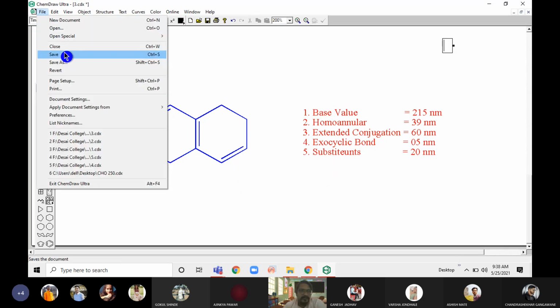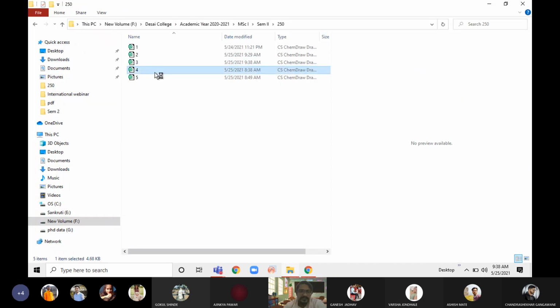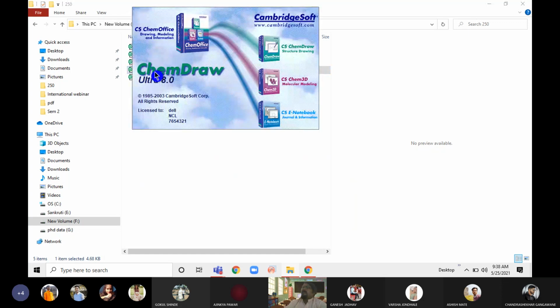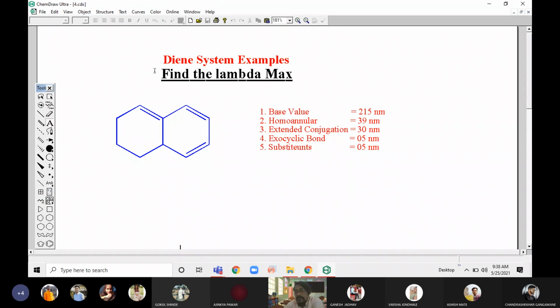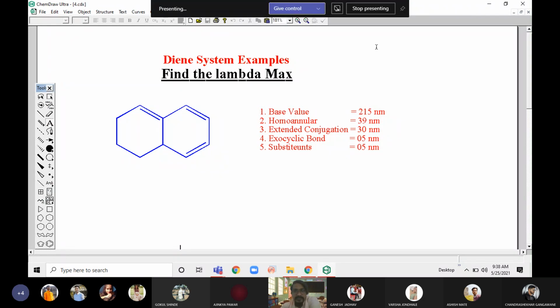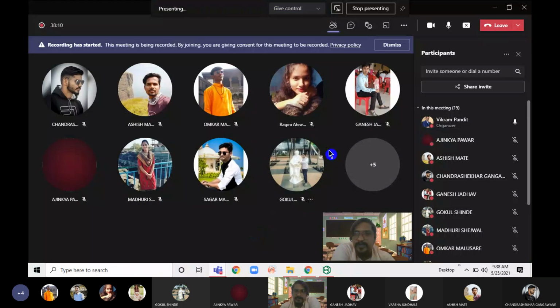Now I'll save it, I'll close it, and I'll open the next example. To find everything given in a structure, we have to go for a little more complicated structures.